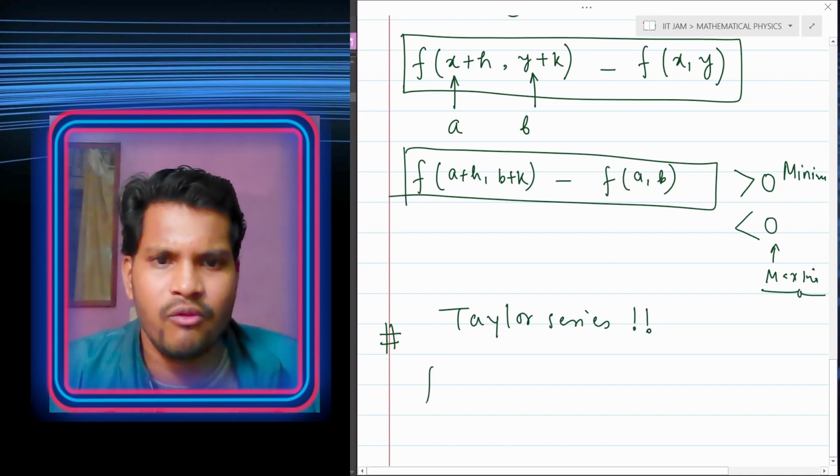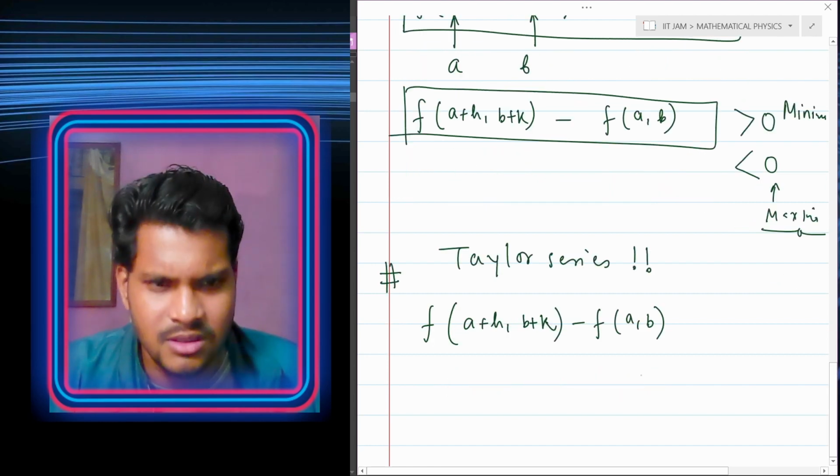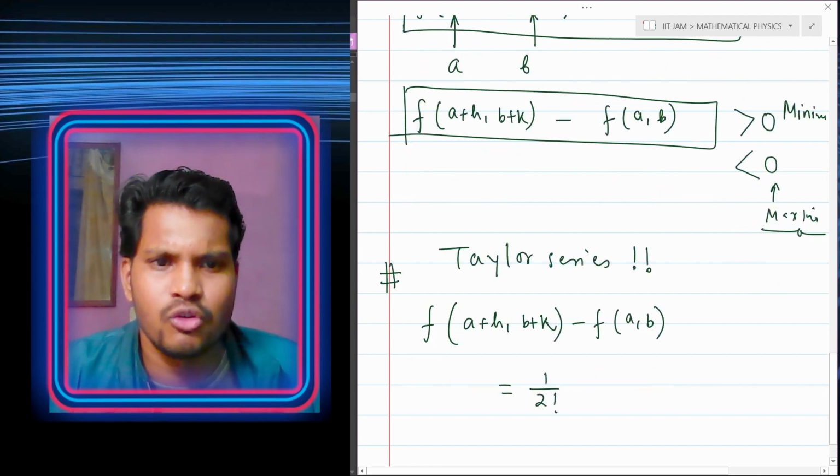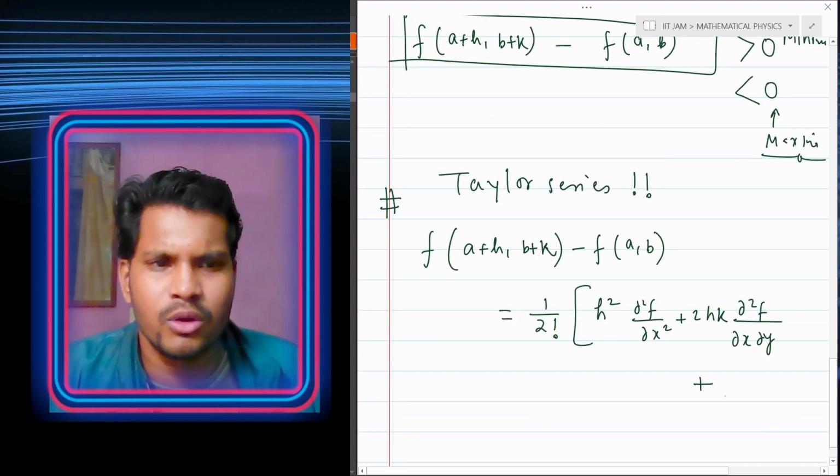I am going to write f(a plus h, b plus k) and subtract the function at the same point. Then it will come out to be 1 over 2 factorial times h square del 2f over del x square, plus 2hk del 2f over del x del y, plus k square del 2f over del y square.